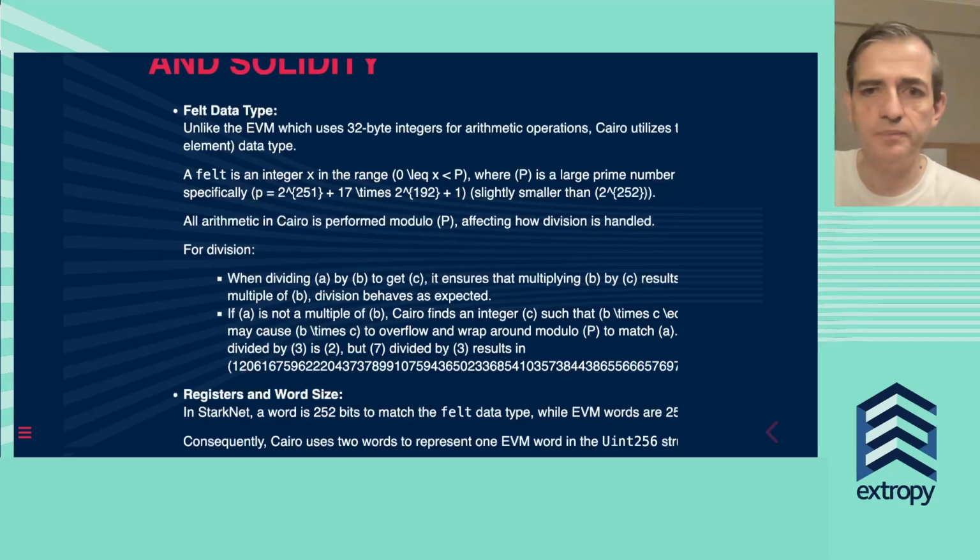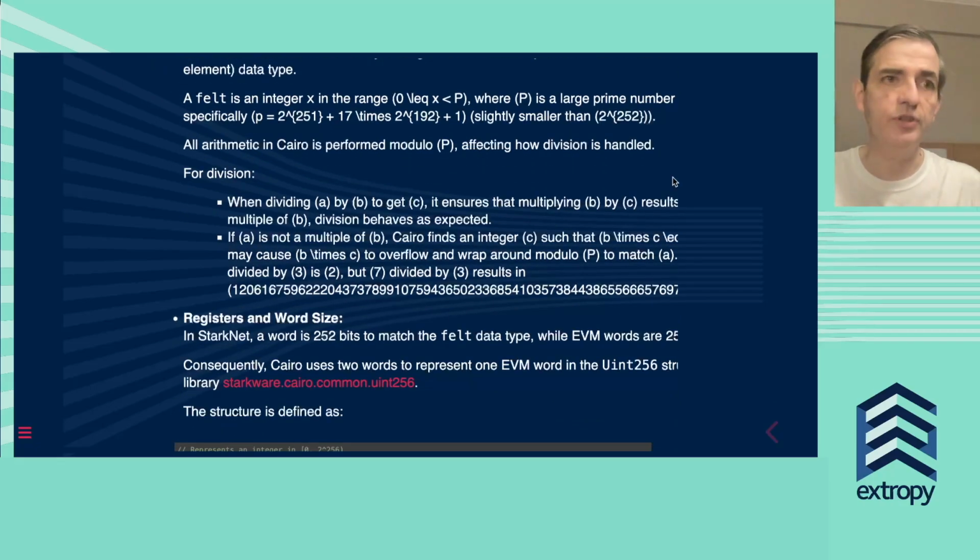And so you do have to be careful with division. When you're doing a division, you're going to get the value that is expected. For example, if you divide 6 by 3, you will get the value 2. But if you divide 7 by 3, you will get a completely different value, as you can see here.